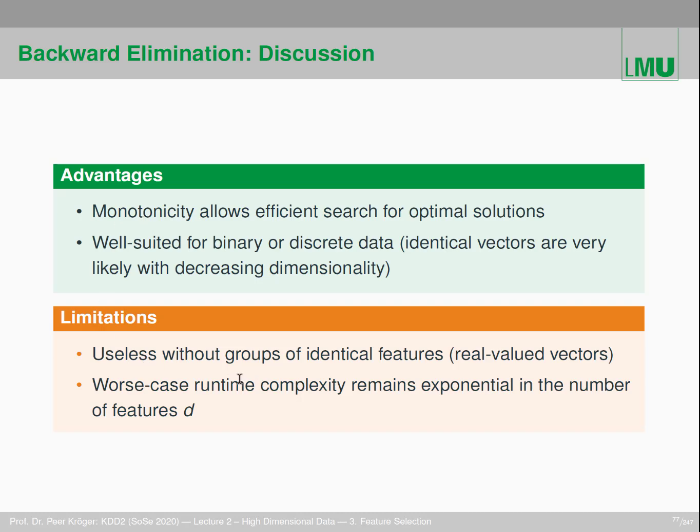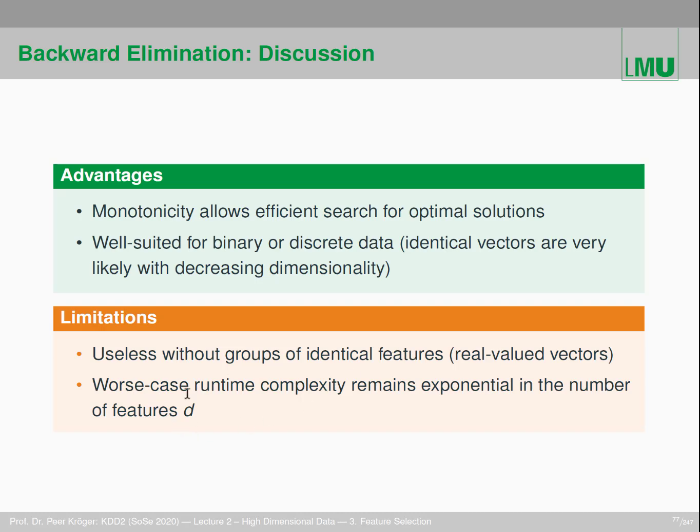Limitations: useless without groups of identical values. For real world vectors, you need to come up with groups of identical features. So is, for example, 3.5 and 3.7, does that count as identical features or values or not? That's the question for real valued vectors actually.